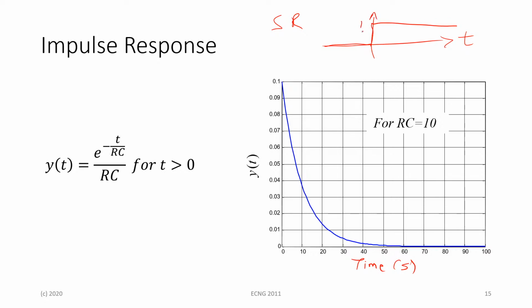In this case, we assume a unit step, so the value here is 1. This is similar to if we had a switch that before time equals 0 was off, but at time equals 0 going forward, it goes on immediately. It's like we just turned on the switch for our entire system.